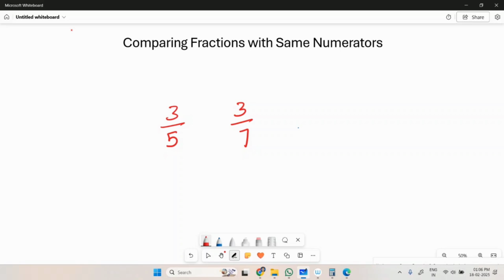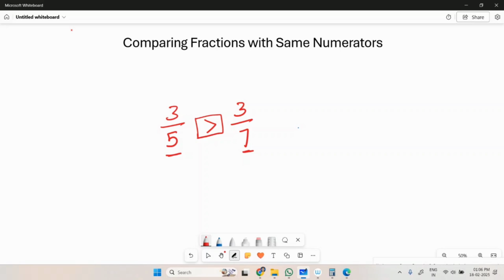Both the fractions are having a numerator as 3. What do we do? When the numerators are same, we compare the 5 and 7. Here, while comparing 5 and 7, the lesser denominator is the greater fraction. Which is lesser? 5 is lesser. So 3 upon 5 is greater than 3 upon 7.